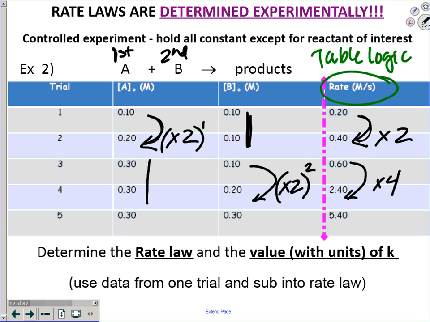Okay, so what's 2 divided by 1? Woo, 2. Okay, so I'm going to write that up here. That's 2. 10 to the negative 1 divided by 10 to the negative third. What do you do to exponents? Subtract. Negative 1 minus the negative third. Positive 2. Okay, so times 10 to the positive 2.